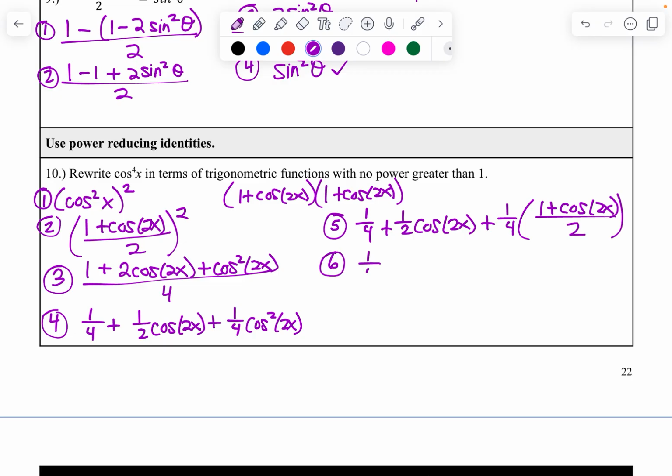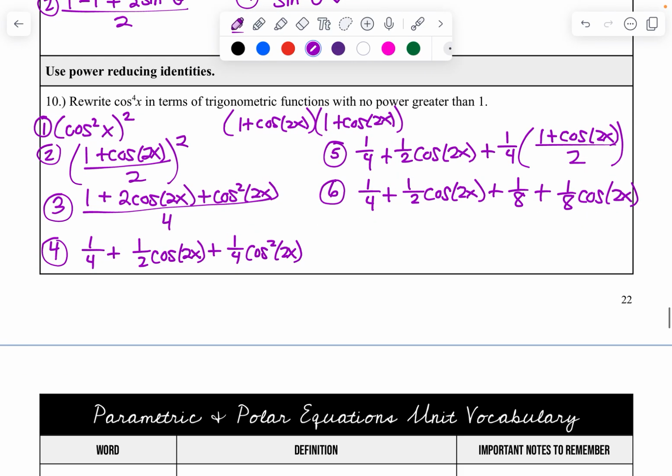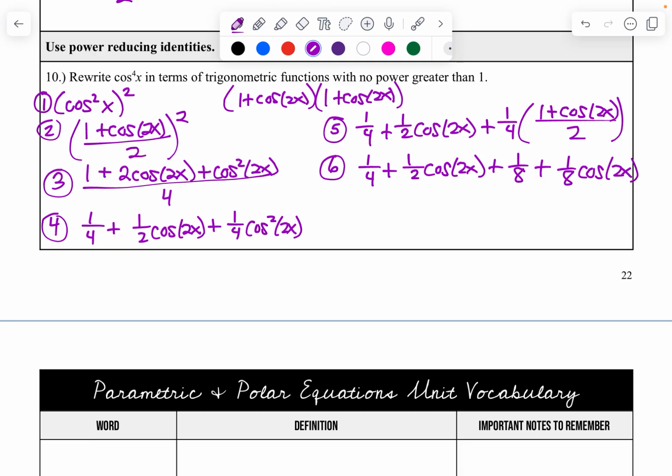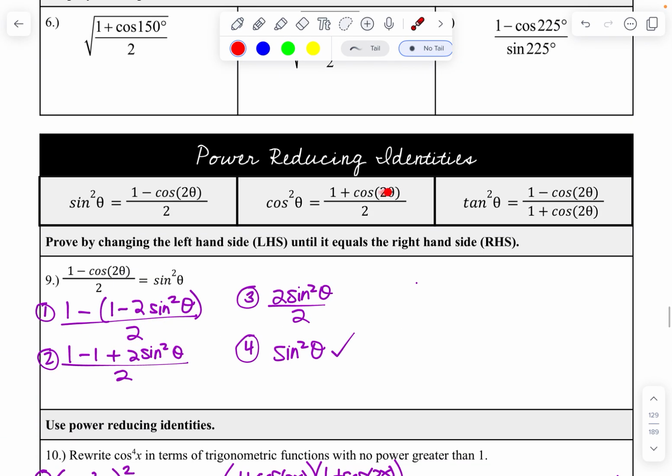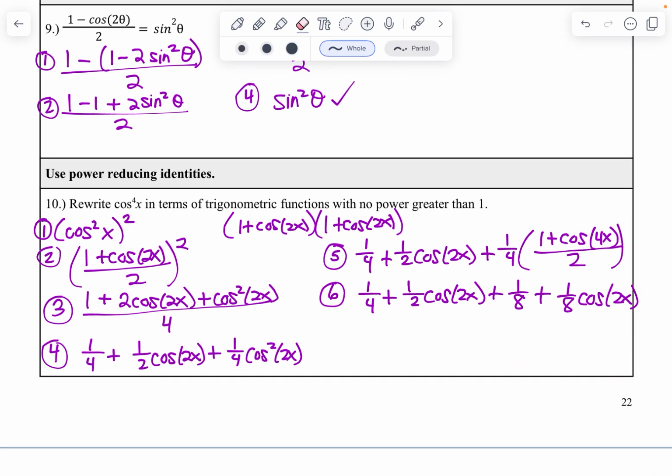And so if we simplify, we have 1/4 plus 1/2 cosine of 2x plus 1/8 plus 1/8 cosine of 2x. And so, nope, because it was 2x. I gotta go back. It was already 2x, so now it becomes double that, so it should have been 4x here. Sorry about that. Because we already had 2x when we do our power reducing formula, we gotta double it, so it needs to be 4x. So let me fix that little mistake here.